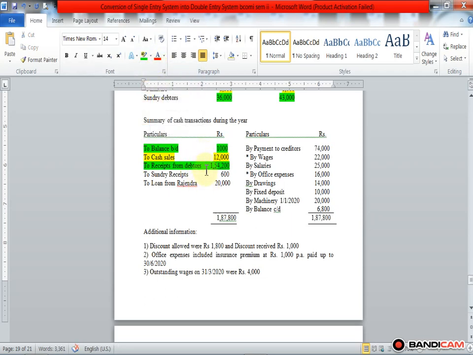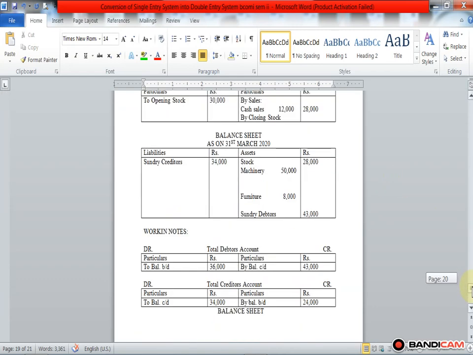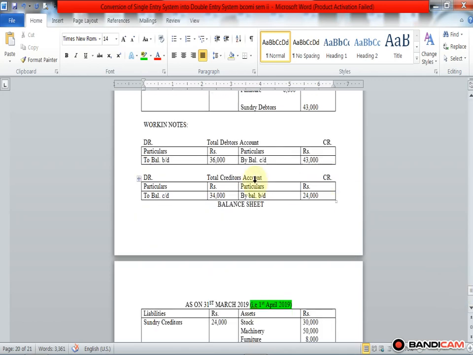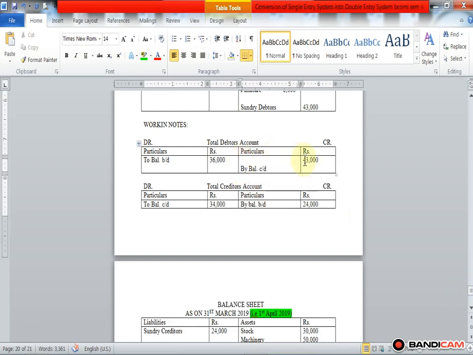So cash comes into the business, so one effect is on the debit side of the cash book, and the second effect is on the credit side of the debtors account, that is by cash, by cash, that is here by cash (received) 1,54,200.